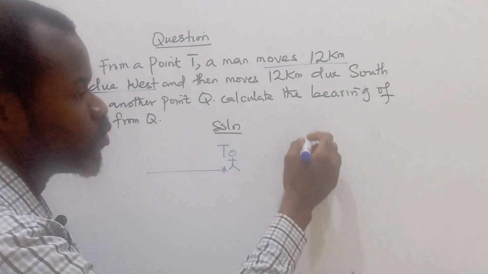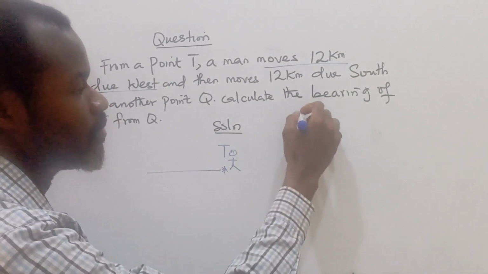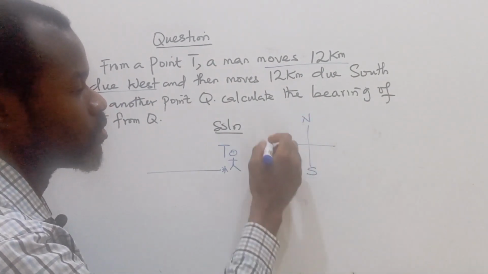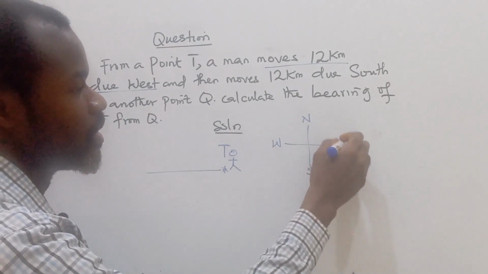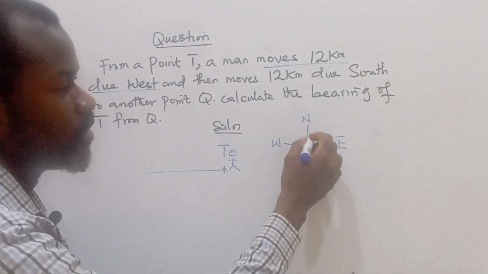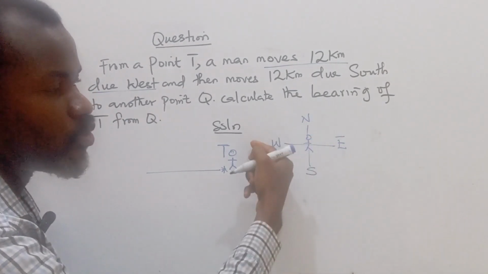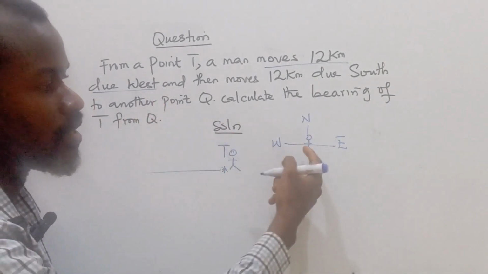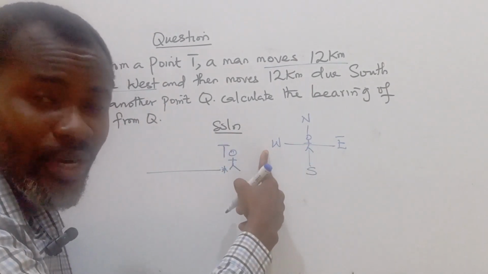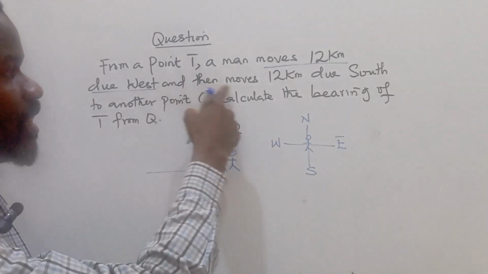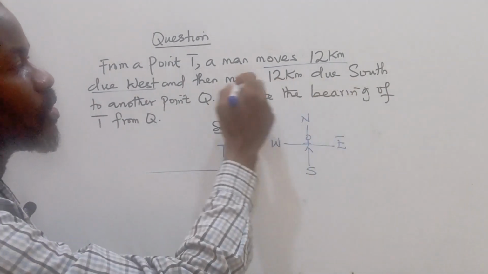Now in bearing, you have to use your cardinal points. So we have north, south, west, and east. If this is the man, he moves due west, that means towards the west. Then he moves 12 kilometers due south.